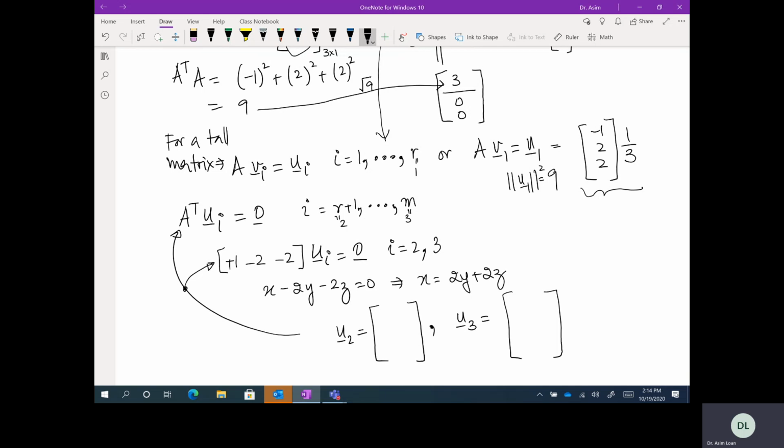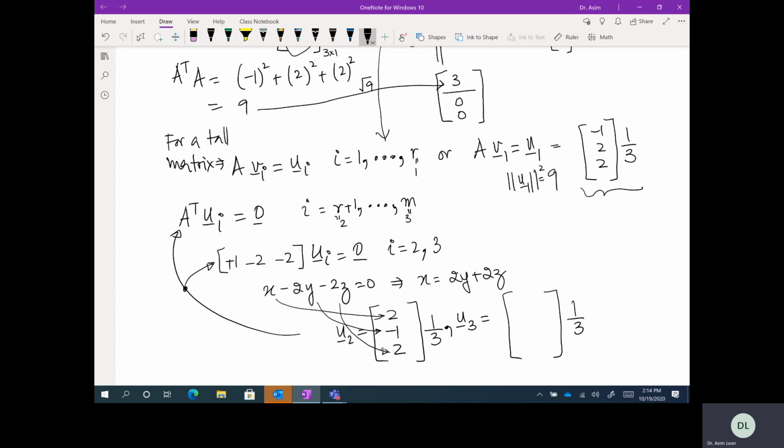So I say, if y, maybe I also put 1 over 3 here, and then I select 2, minus 1, 2. If I do that, x is 2, y is minus 1, z is 2.